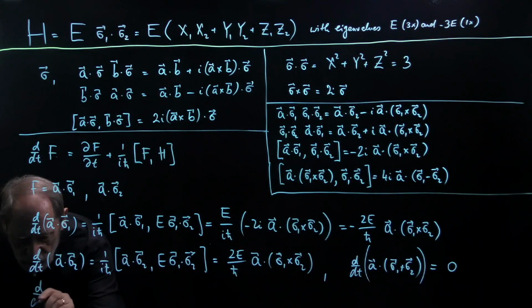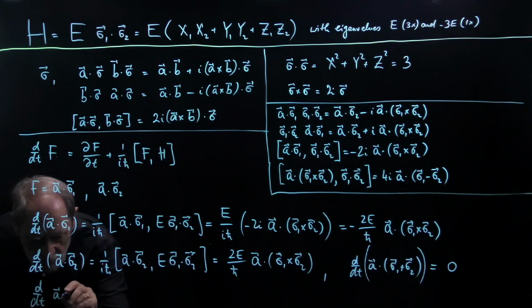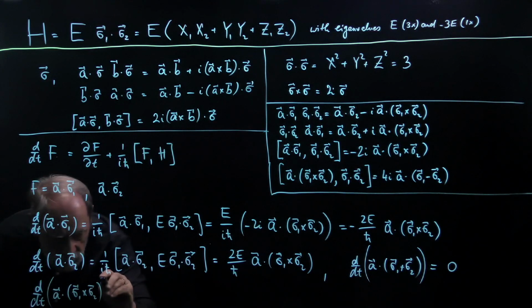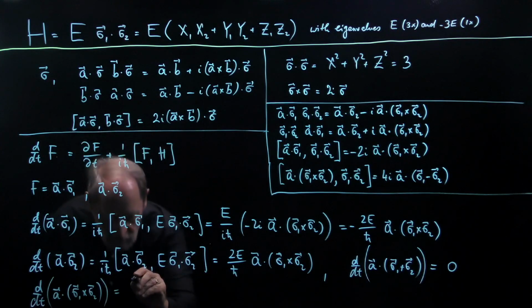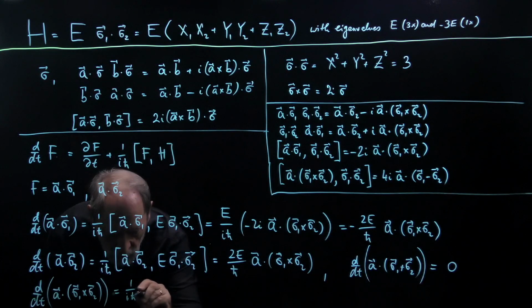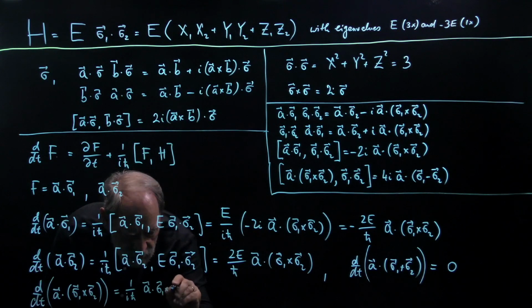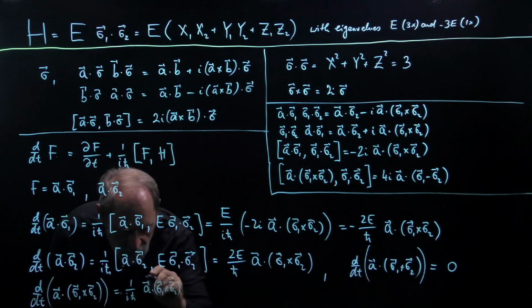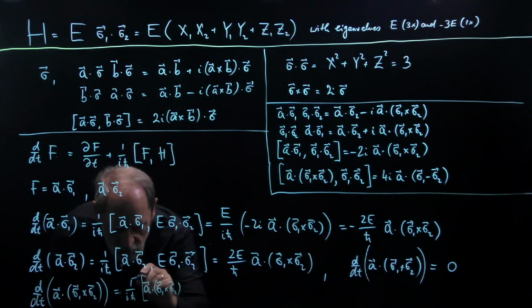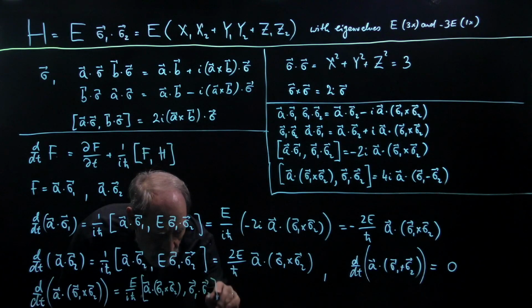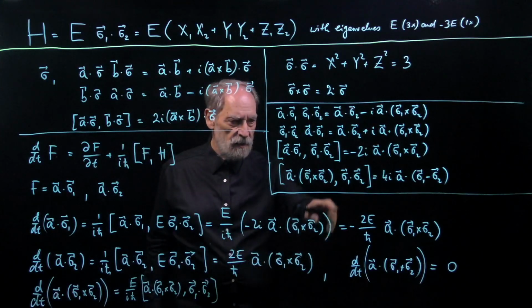So what's the time derivative of a dot sigma 1 cross sigma 2? By the same token, this is 1 over i h bar, a dot sigma 1 cross sigma 2, and then the Hamilton operator, so there is a factor of e, and then sigma 1 dot sigma 2, which we have worked out here.